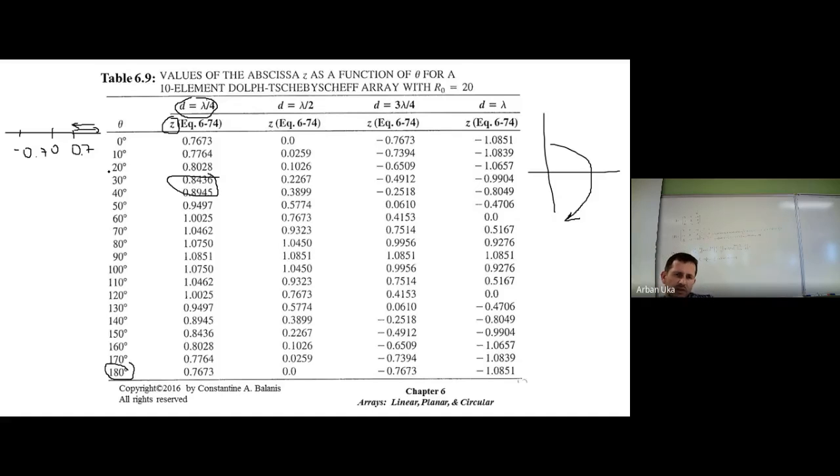Now, this was the second case, where I have to draw this better. Let's assume this is the z-axis. This is 0.